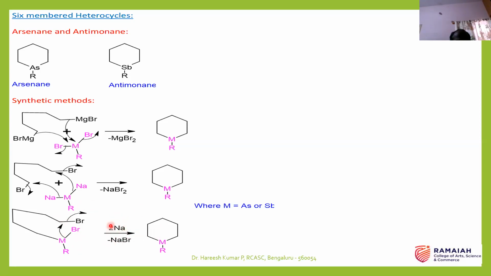The sodium supplies electrons, and thereby a new bond forms between the metal and carbon. So the obtained ones are arsenane or antimonane. All these are examples of heterocycles containing phosphorus, arsenic, and antimony.